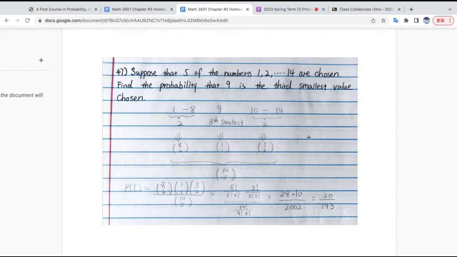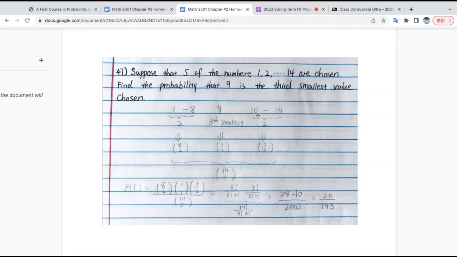Okay, so I'm going to present question 47 from chapter 2. The question is: suppose that 5 of the numbers 1 through 14 are chosen. Find the probability that 9 is the third smallest value chosen. So from the question, we know that 9 is the third smallest value. That means there are two smaller values than 9.